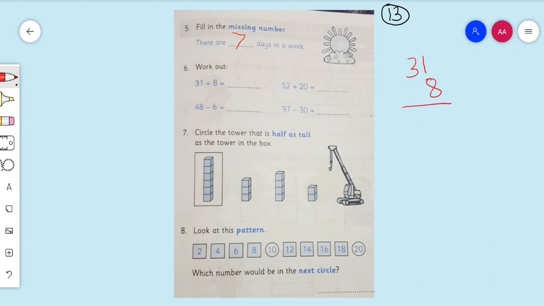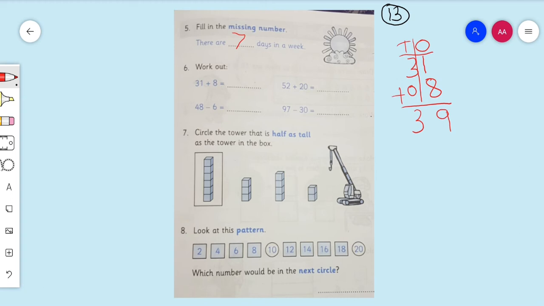Then because we are plussing, it's very important to do a plus sign there. So that's the 1 and that's the tenth. So then the 1 plus 8 is 9, and then because there's nothing here, there's a 0 here, and then 3 plus 0, when you add 0 to a number, it stays the same, so it's 39.